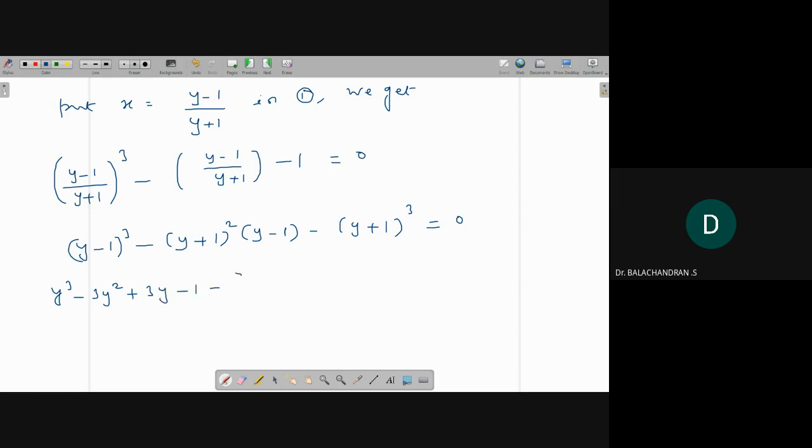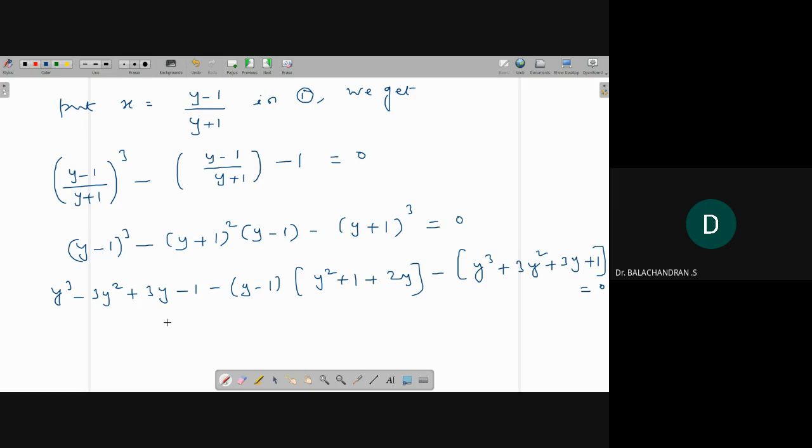Expand the middle term: minus of y minus 1 into y plus 1 whole square, y square plus 1 plus 2y. Minus, again expand this one, you get y cube plus 3y square plus 3y plus 1 is equal to 0.